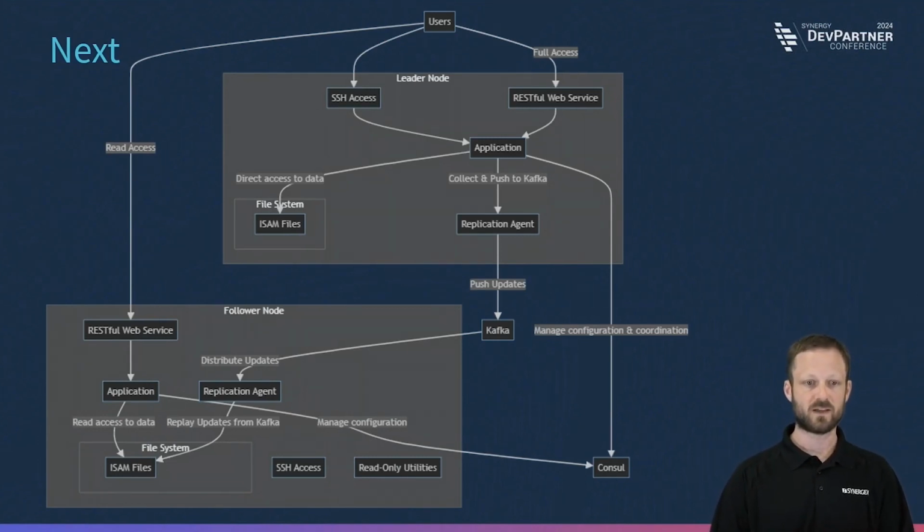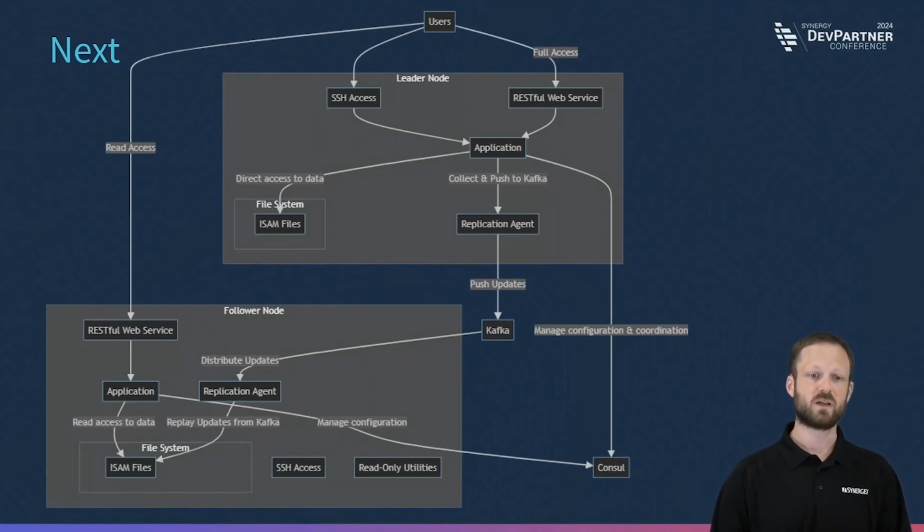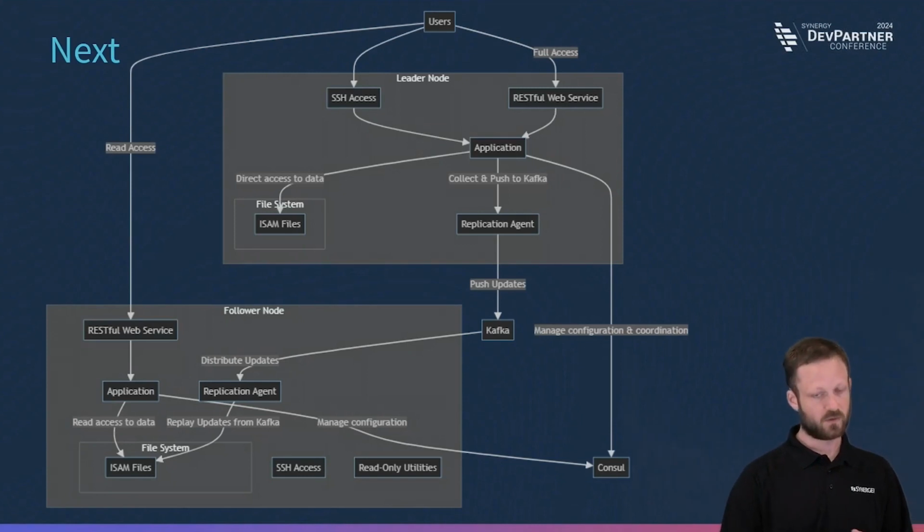So if the application is running on this follower node, it still sees ISAM files. They're going to be current ISAM files. The locks in those ISAM files are separate files between node 1 and node 2. So the locks are not shared between them, but the data is going to be generally identical between the two of them, other than in the short window where that data is traveling through the Kafka queue and into the replication agent.